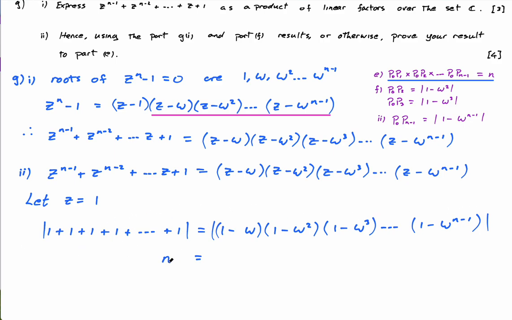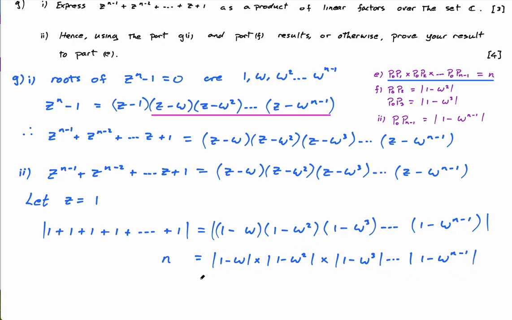The magnitude of this is now n, and the magnitude of all of this is the same as the magnitude of 1 minus omega times the magnitude of 1 minus omega squared times the magnitude of 1 minus omega cubed times the magnitude of 1 minus omega to the n minus 1.